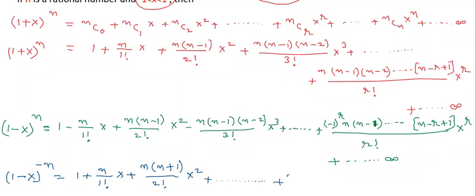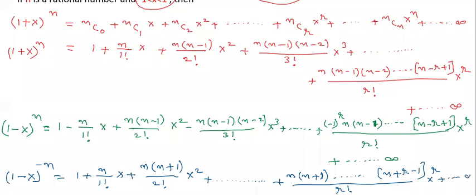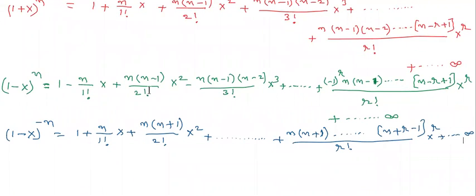Here the numerator we get n, n plus 1, n plus 2, and so on, up to n plus r minus 1, divided by r factorial into x power r plus and so on, infinite. This is the 1 minus x whole power minus n expansion.